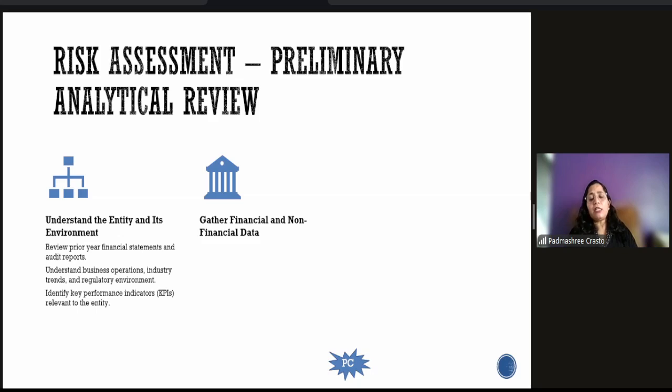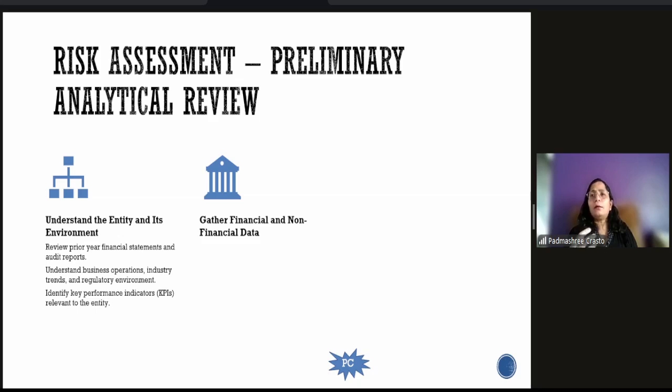We gather financial as well as non-financial data. Non-financial data is mostly like what is happening in that geography, what is happening in that industry. Just to give you an example, if there is any regulatory ban on any product, right? There were certain chemicals that the government put a ban on because of their misuse or something.